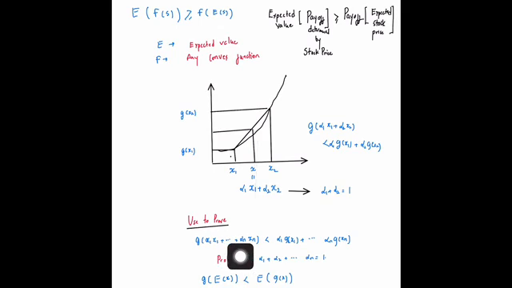On the left hand side, you have probabilities multiplying x. That is just the expected value of x, because the expected value of x is x multiplied by the probability of realizing a particular value of x, summed over all possible values of x. So the expression we get is that the payoff function of an expected value of a particular asset is smaller than the expected value of the payoff function.